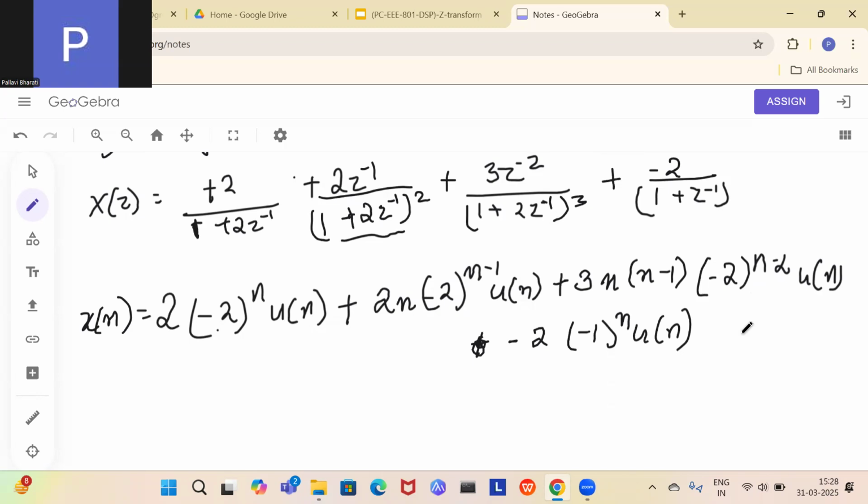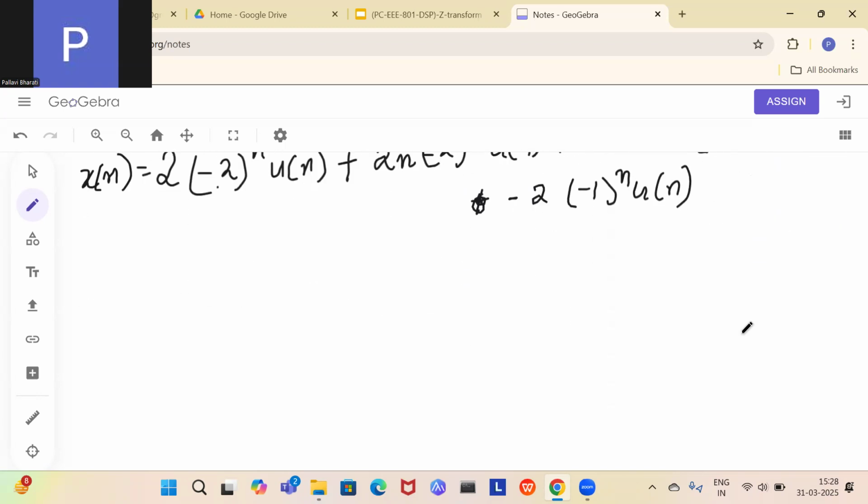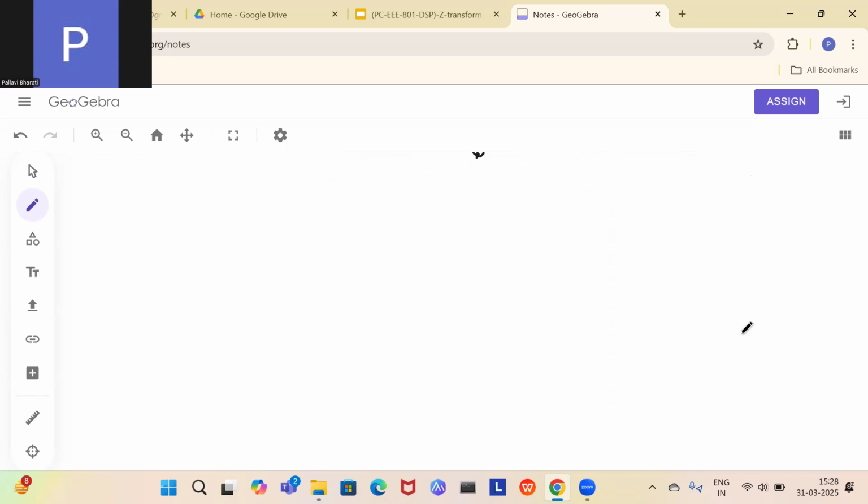Now for your understanding, let us see some of the partial fractions. This is a very important thing. If the fraction is z by z minus a, in that case, the signal will be what? a to the power n u[n], right?